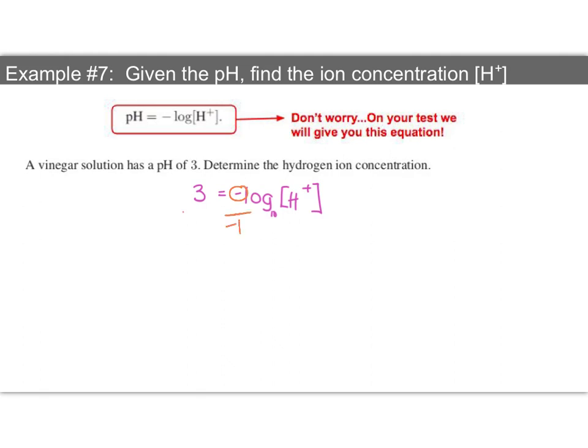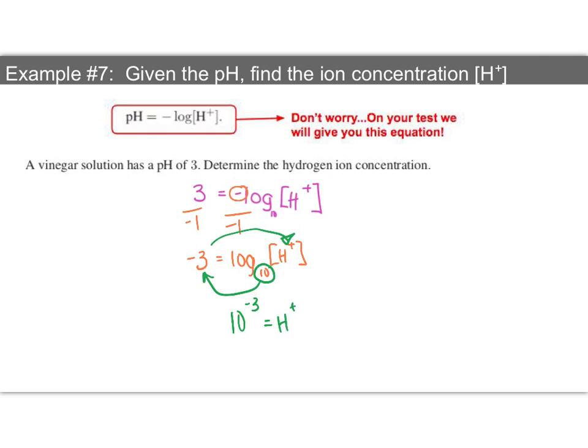So I'm going to divide both sides by -1. And so I'd have -3 equals log base 10 of the hydrogen ion concentration. And so now to convert, remember we're always going to start with the base of the log and then do our little circle. So we're going to have 10 to the -3 equals our hydrogen ion concentration.